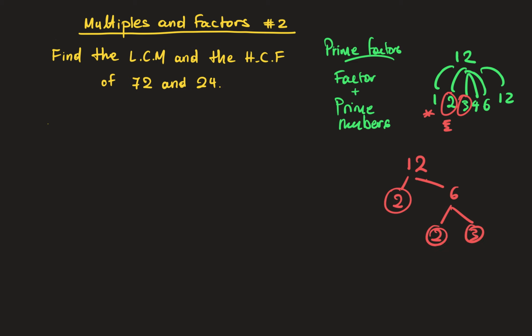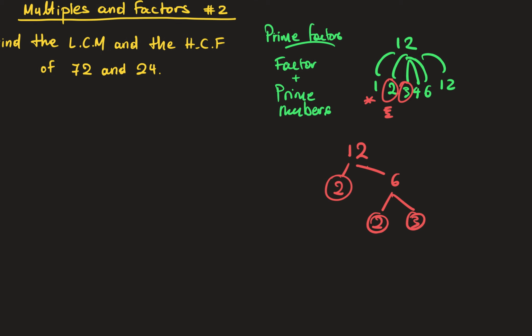So the product of prime factors is the process of writing 12 as a product of its prime factors, taking into account the repetitions that you're seeing there.